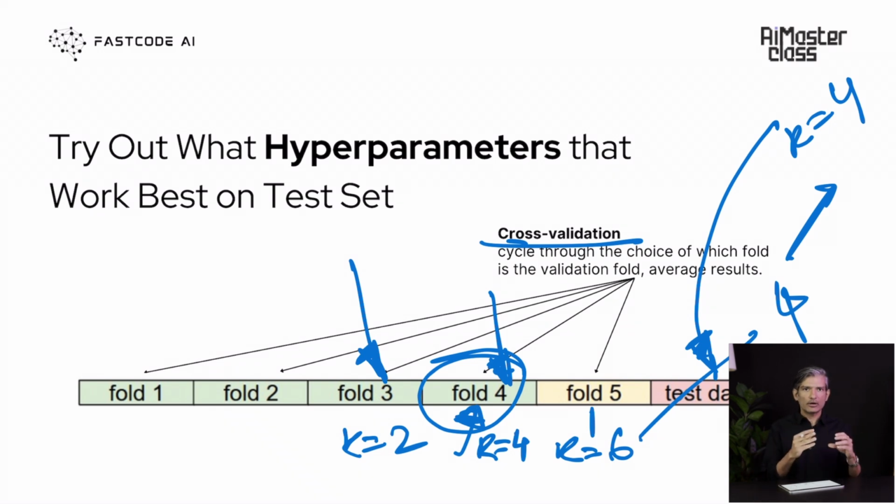Remember, you do not tune your hyperparameters based on your training set, because that would mean that you're overfitting on the training set. Your model can cheat, it can basically latch on to the so-called high frequency noise. It will try to short circuit, it will try to cheat as much as possible. It will try to find those very high frequency details which we don't want it to overfit on.